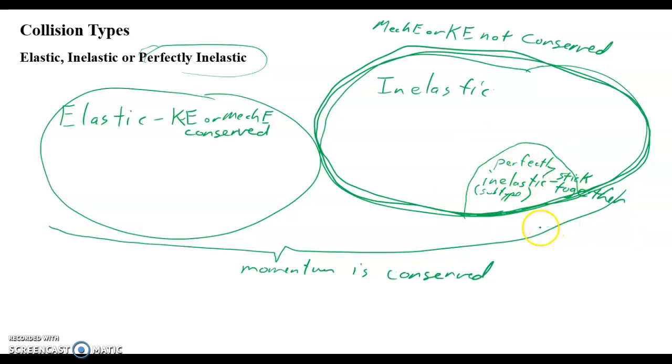The objects stick together. So inelastic, they may or may not stick together. If you look at this, there's this whole big area here where they don't stick together. And then there are also these perfectly inelastic where they do stick together. But no matter what the type of collision, momentum is conserved.